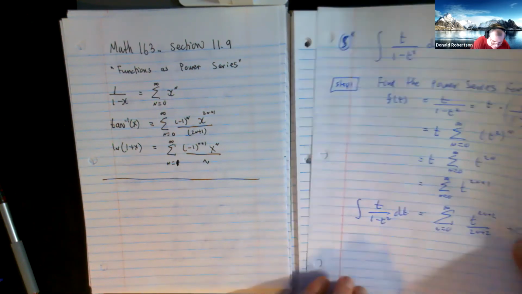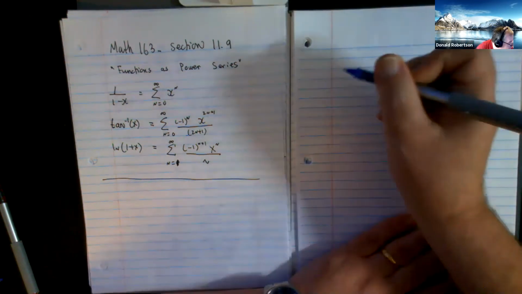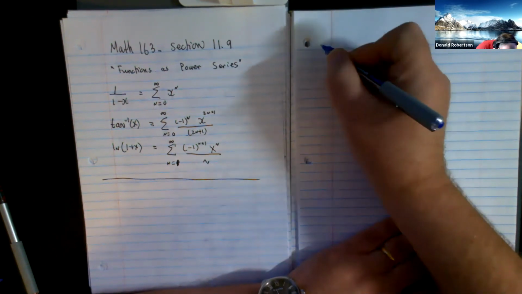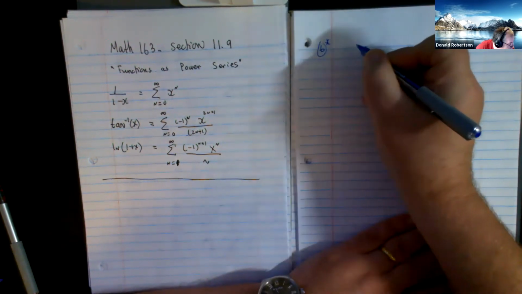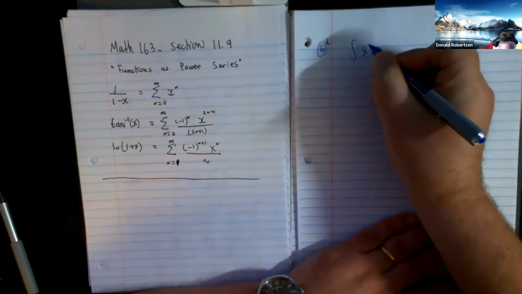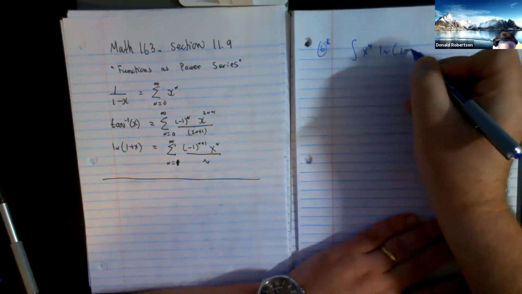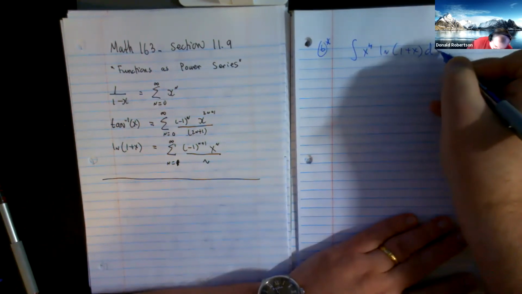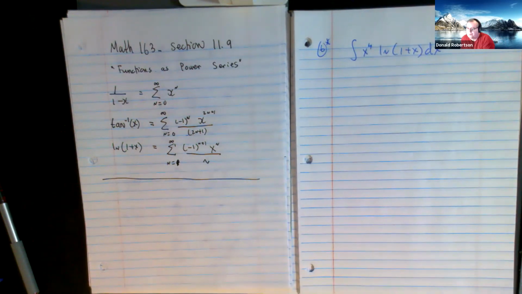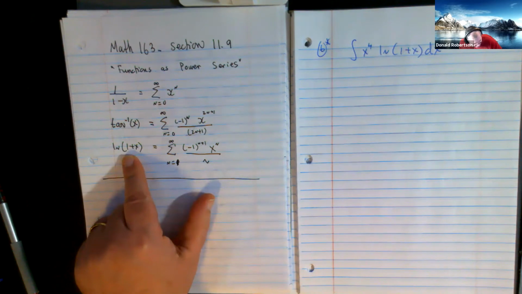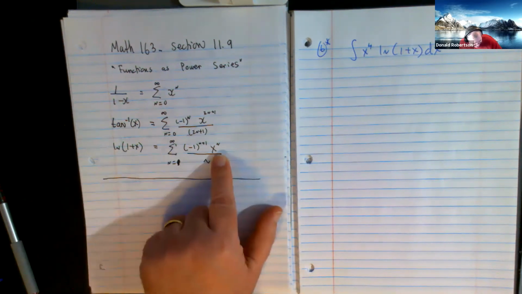Here's another one coming up. This is like question 6. And we're being asked to find that integral, or at least the power series. Which means I'm going to, haven't used this one so much, I'm going to use this guy here.